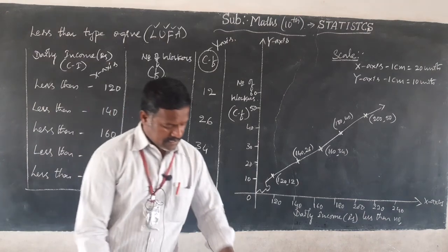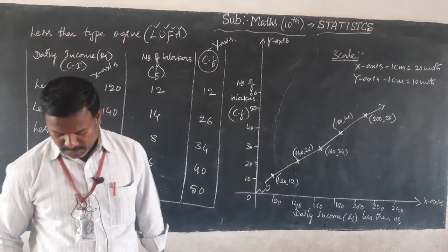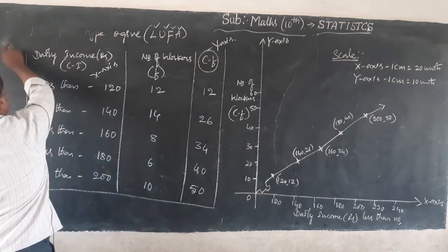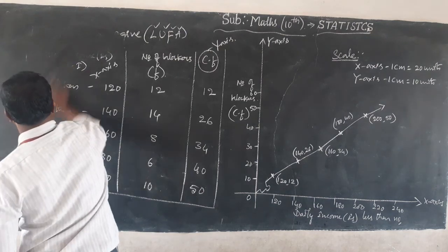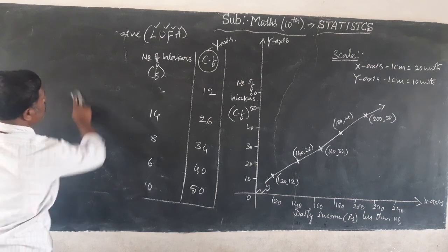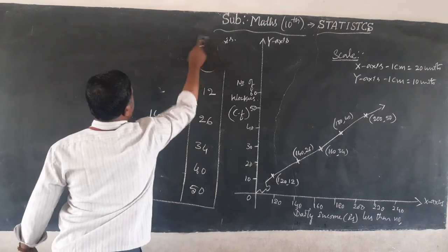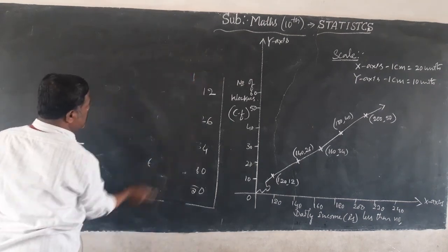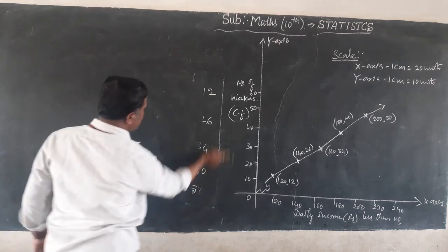Okay children, next take down the second problem. Second problem as per your textbook, page number 108. That is a direct problem children.